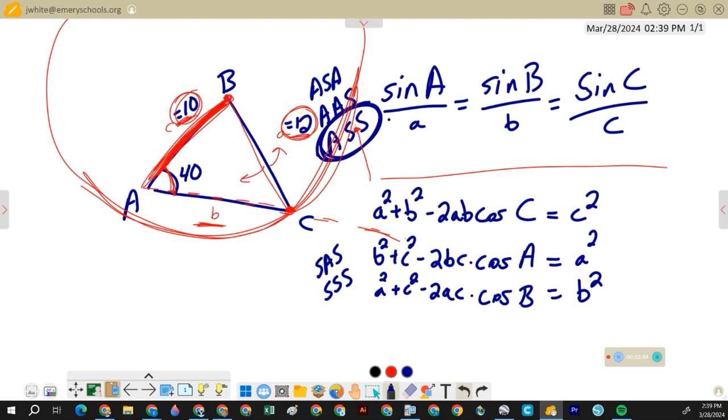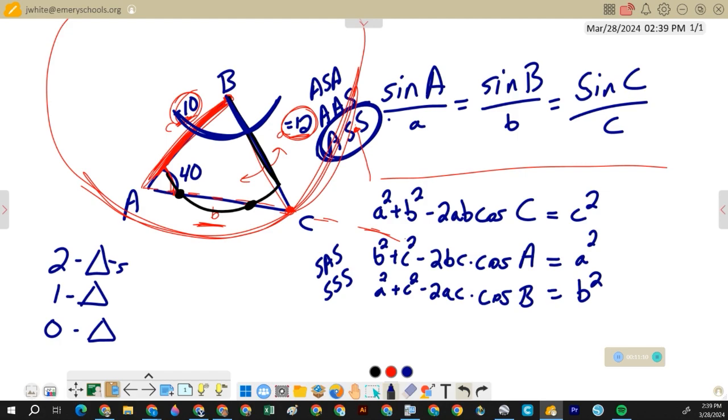If 12 was shorter than 10, so let's say 12 is only this long, when it swings, it has the chance of hitting twice. But if that side is really short, it might not hit at all. So angle-side-side either has 2 triangles, or 1 triangle, or 0 triangles. It just depends on how long that third side is.